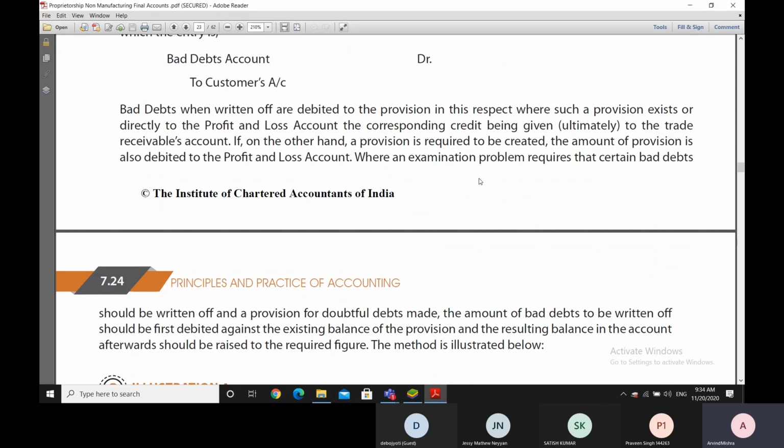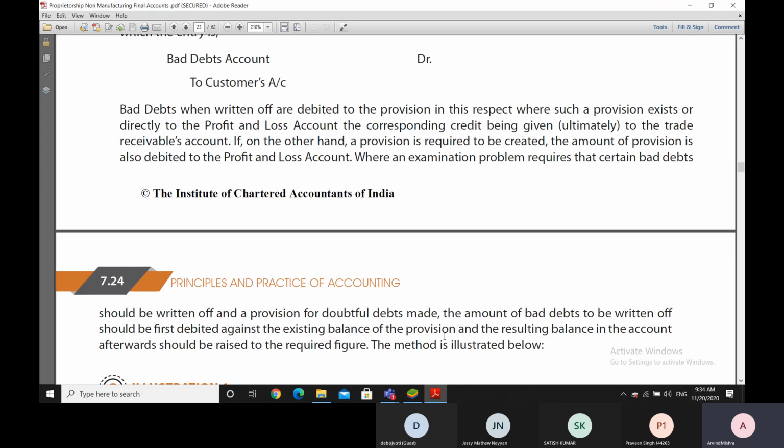So wherever there is some test happening or examination and some question is being asked where it requires that certain bad debts should be written off and correspondingly a provision for doubtful debt has to be made, then what we do is the amount of bad debts to be written off should be first debited against the existing balance of the provision.